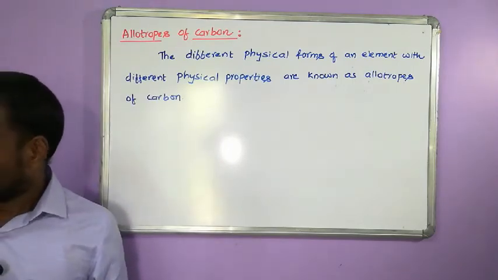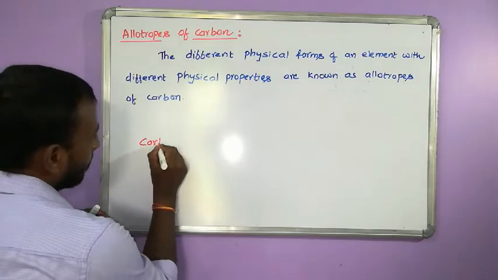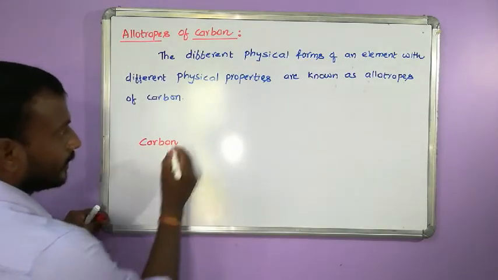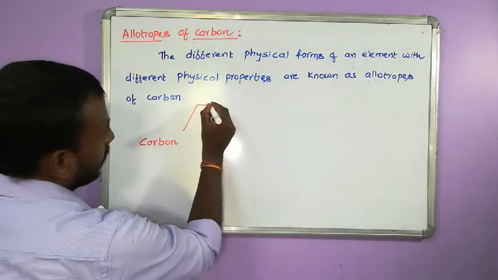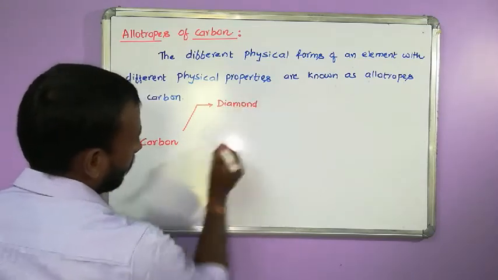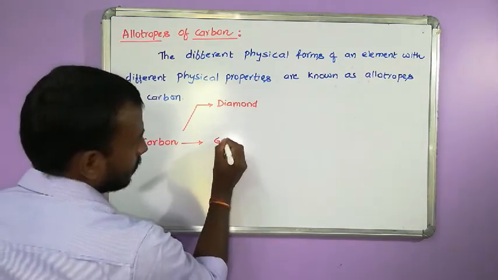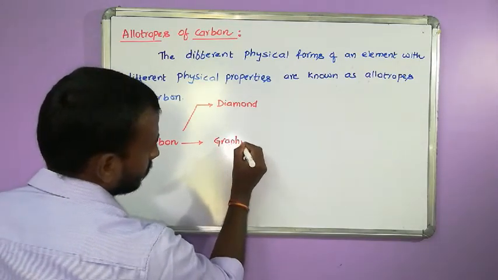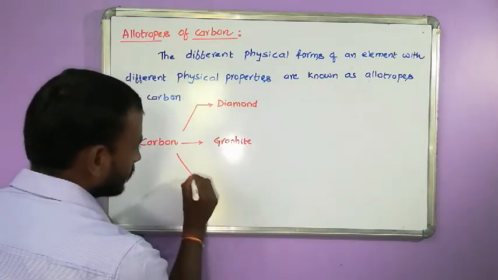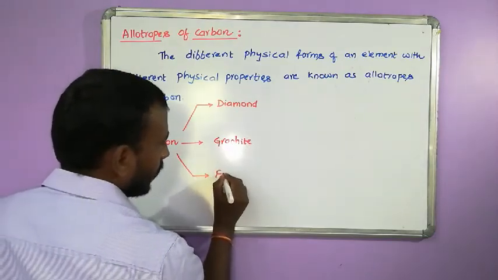So for example, if we take carbon, it is existing as diamond, it is existing as graphite, it is existing as fullerenes.